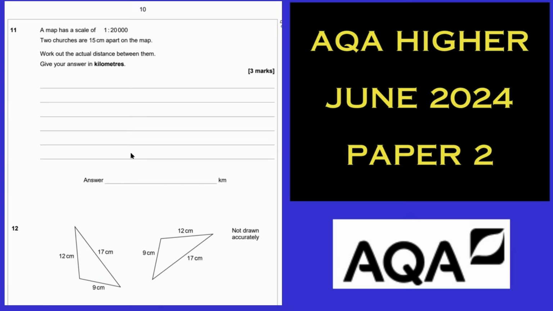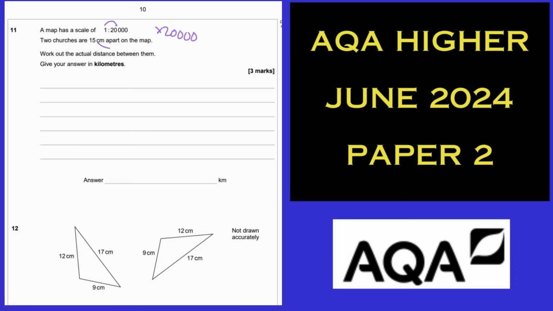Number 11. There's 2 types of scale drawing. There's those that convert units, as in they'll say centimetres equals kilometres. There's those without units. In other words, the units are like for like. So this is the latter. It's like for like. So to go from scale to real life, it's times by 20,000.